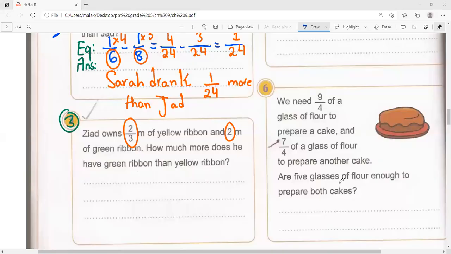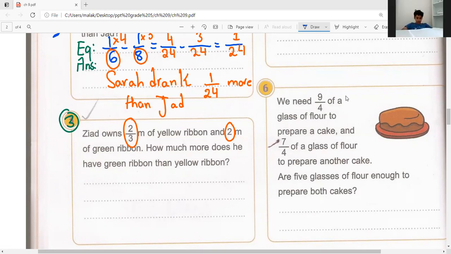So, Ziyad owns 2 over 3 meters of yellow ribbon and 2 meters of green ribbon. How much more does he have green ribbon than yellow ribbon? So we are comparing between 2 different things. And we said yesterday, if we are comparing between 2 different things, one is more than the second. I'm asking you how much more it's bigger.